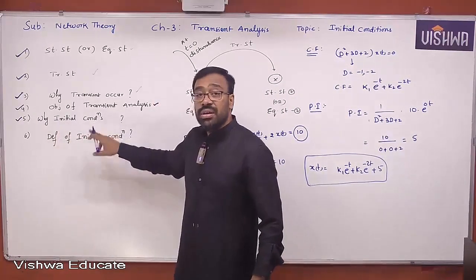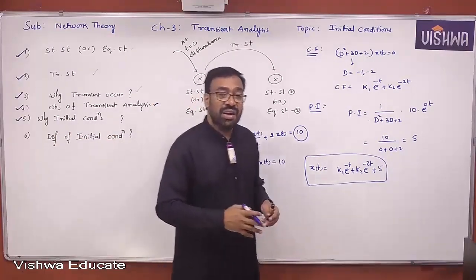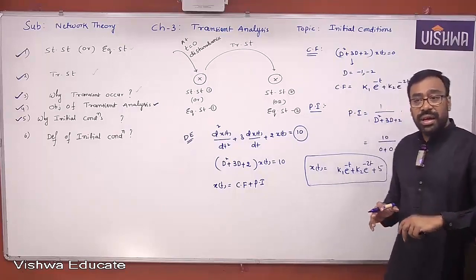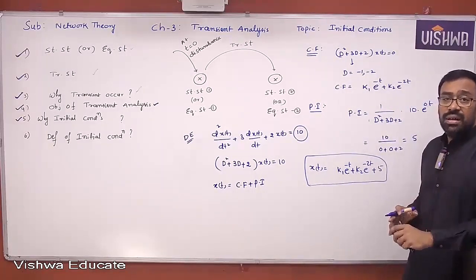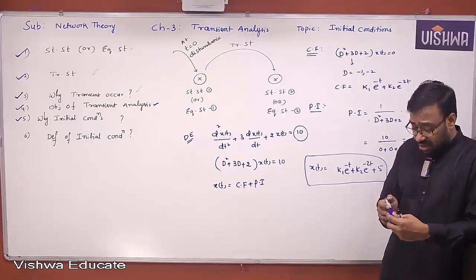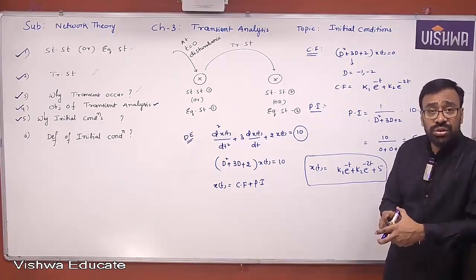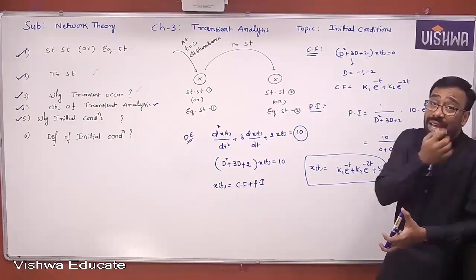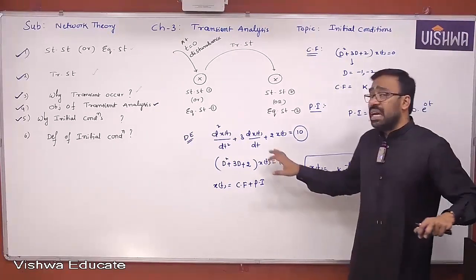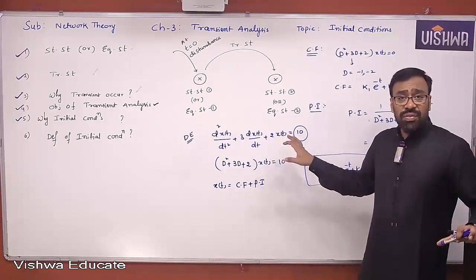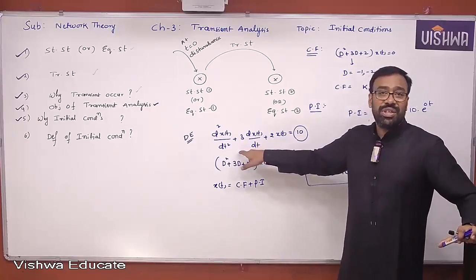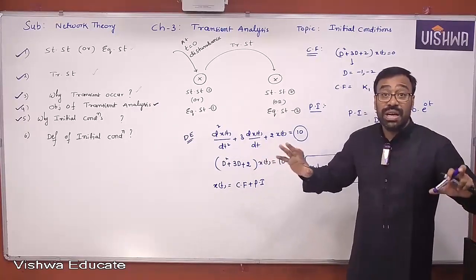So now tell me why initial conditions are required. Initial conditions are required in order to determine the arbitrary constants that show up in the solution of the differential equation. Why do you want the solution of the differential equations? Because you would like to understand the dynamics. To understand the dynamics, you require the solution of the differential equation only. It's very clear.